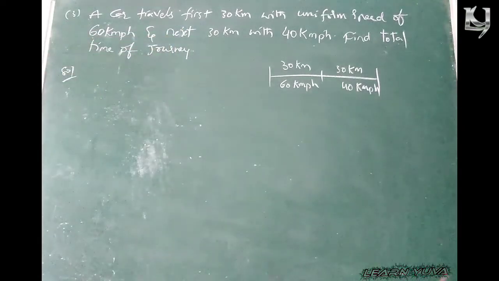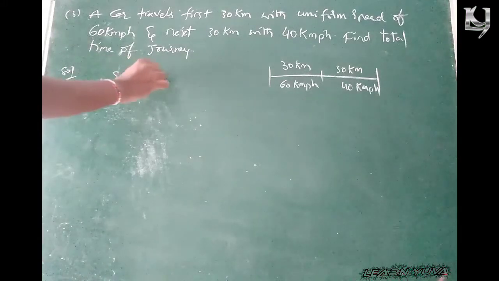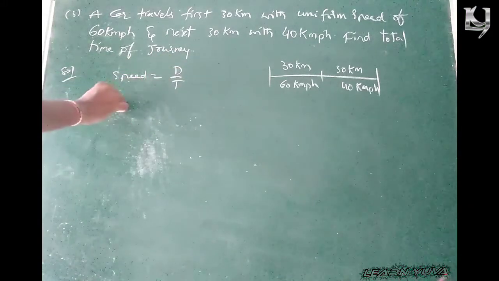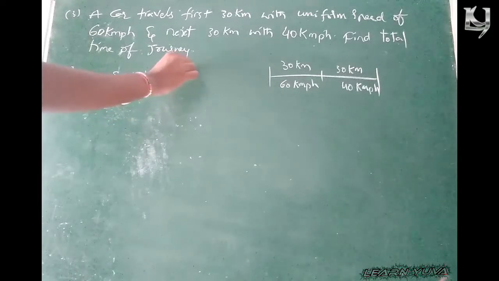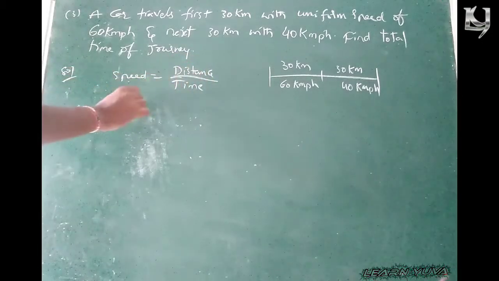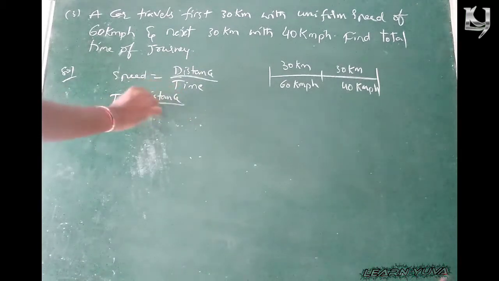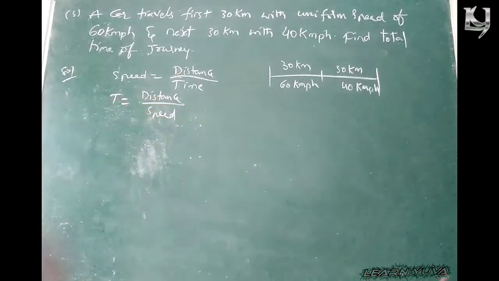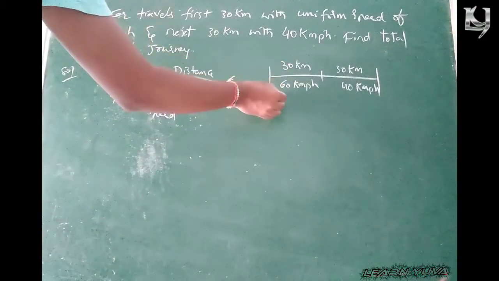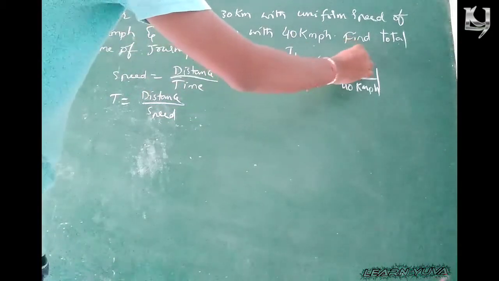Okay. So here by the formula, speed is equal to distance by time. Time is equal to distance by speed. So distance by speed gives t1 and t2.